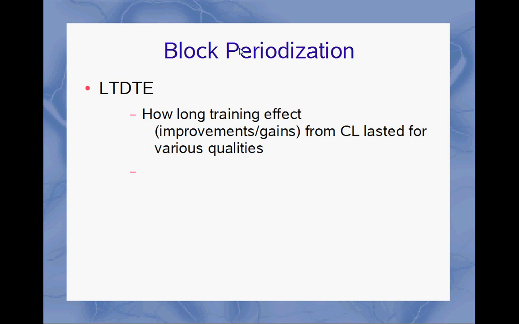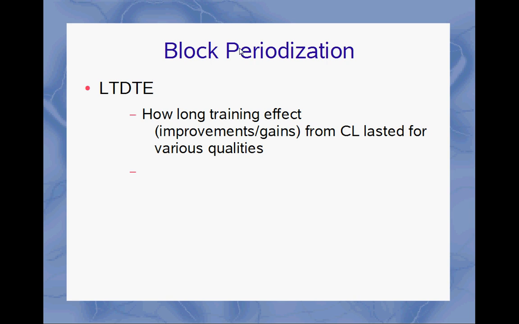Essentially, what it refers to is how long the training effect, or the improvements or gains that you get from a concentrated loading phase, will last for various qualities, like strength, power, velocity, or endurance.